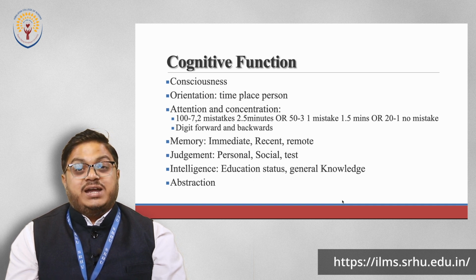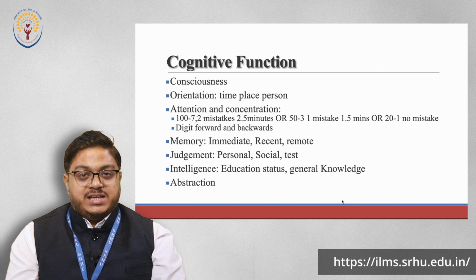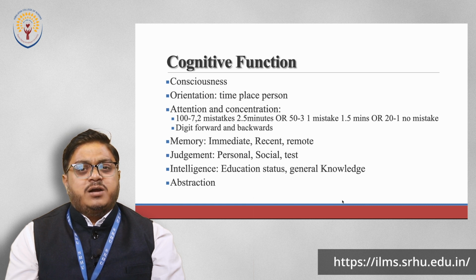Then we tested attention and concentration, which can be tested by arithmetic knowledge. We give them an exercise known as 100 minus 7. They have to subtract 7 from 100 for 5 consecutive times and can write and give the answers. In 100 minus 7, 2 mistakes are admissible.